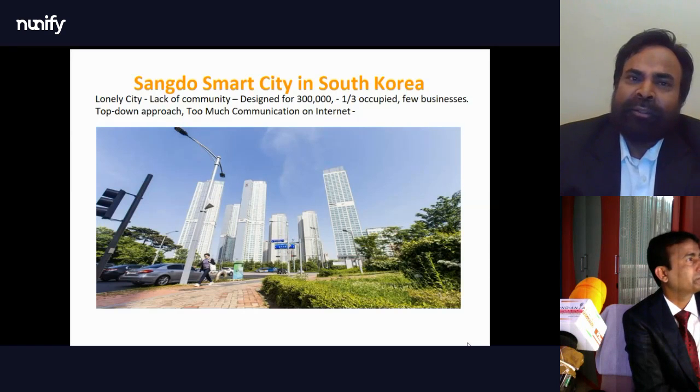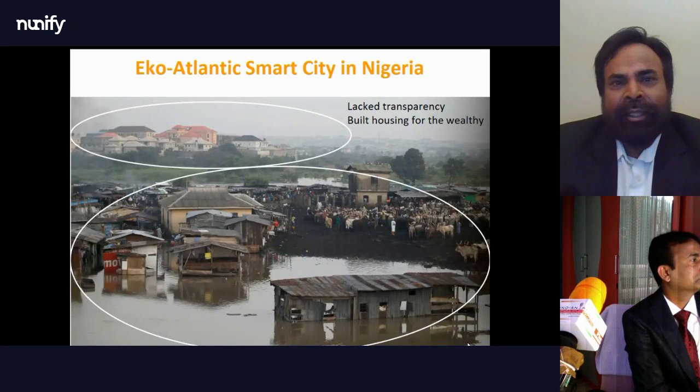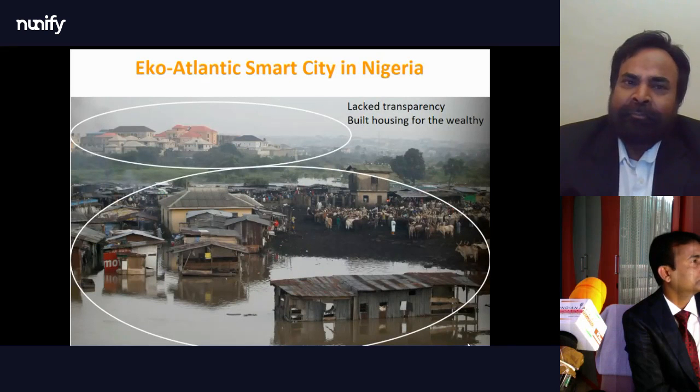It's a top-down approach. Too much communication on internet. There's no personalization. There's no one to talk to. And so that's the failure of that town, as nice as it is. Here is Eko-Atlantic smart city in Nigeria. And you can see that the city is up on the top that I circled.